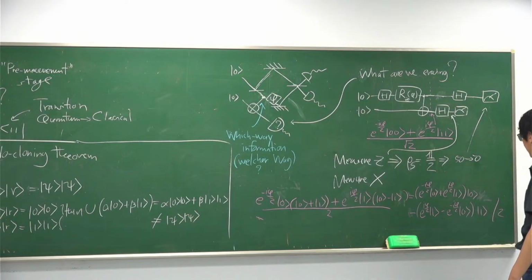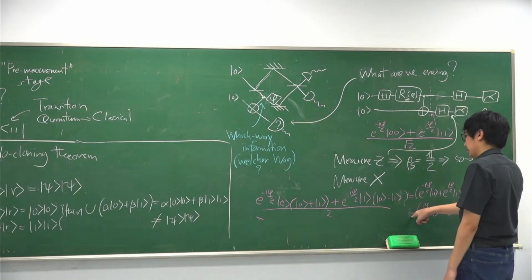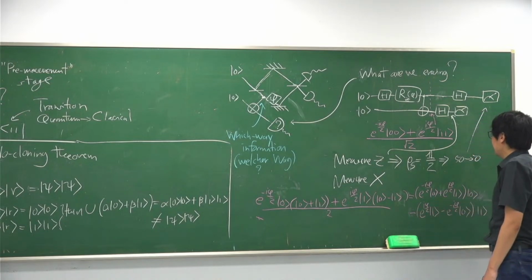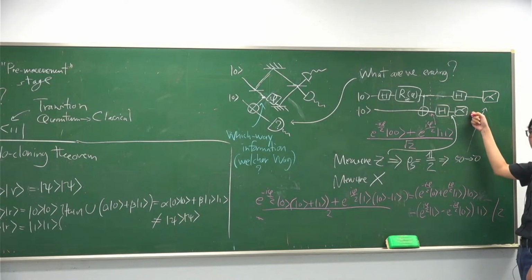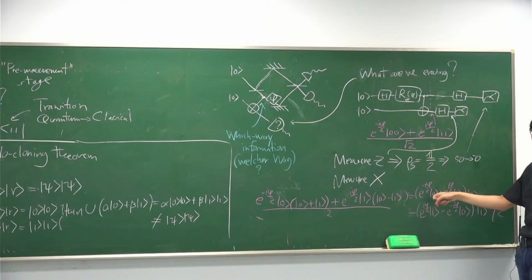The whole thing is over 1/2. And now, I guess I don't really need to put the minus sign here. But now if I measure the second system in the Z basis, I pick out one of the terms, right?